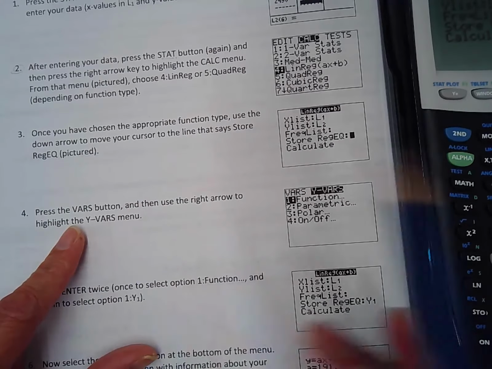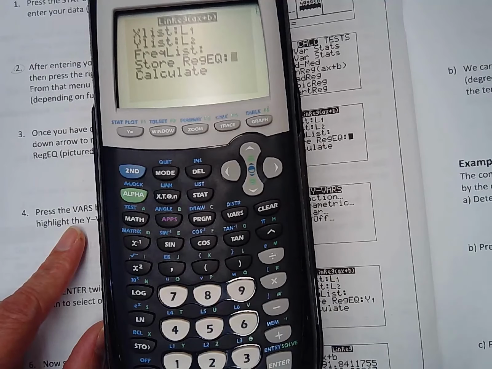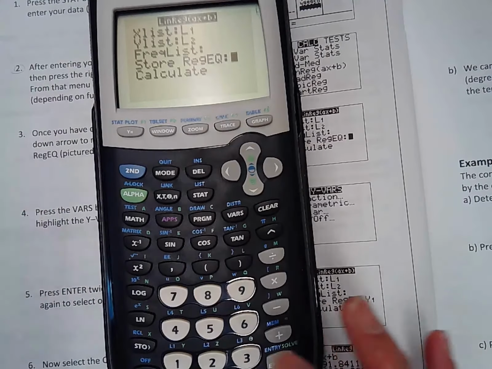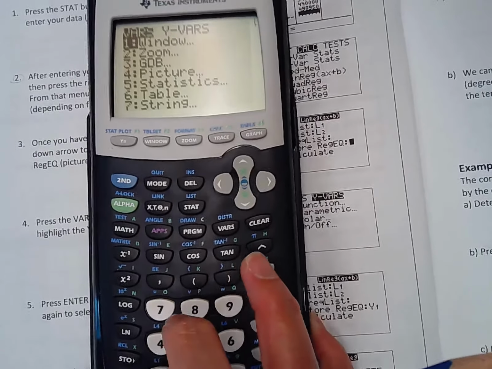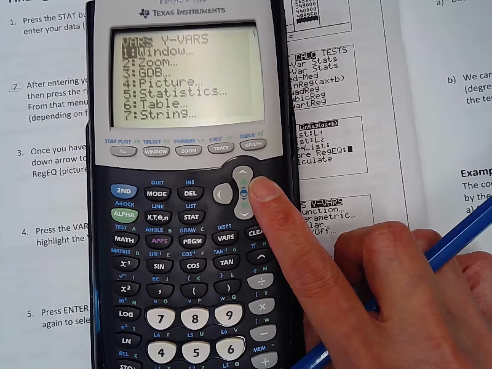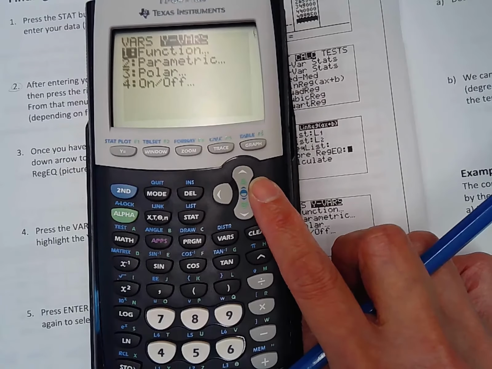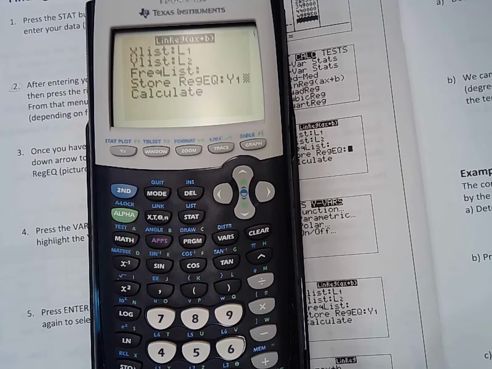We're going to go to vars. Y vars. Press 1 for function, or press enter.